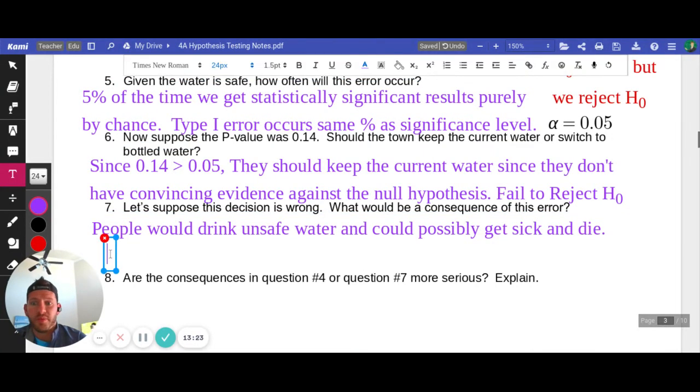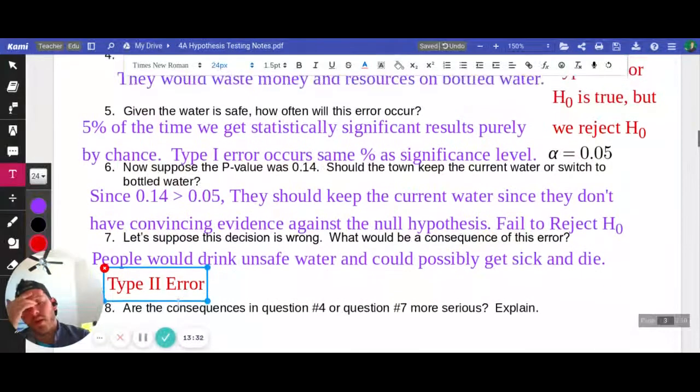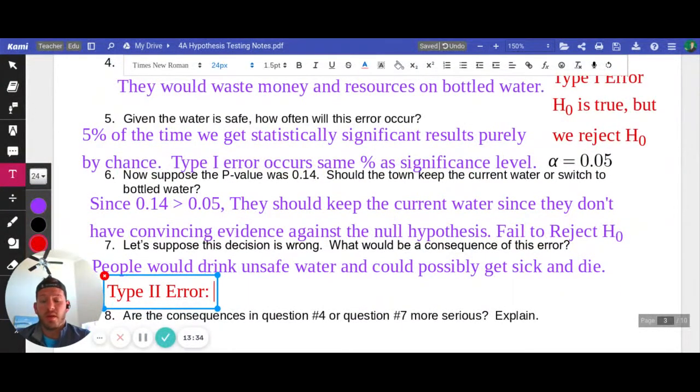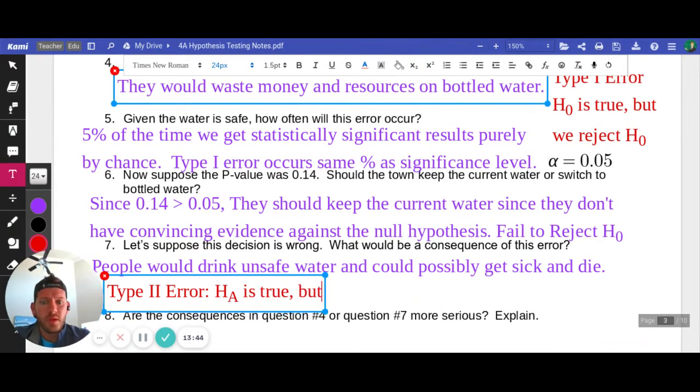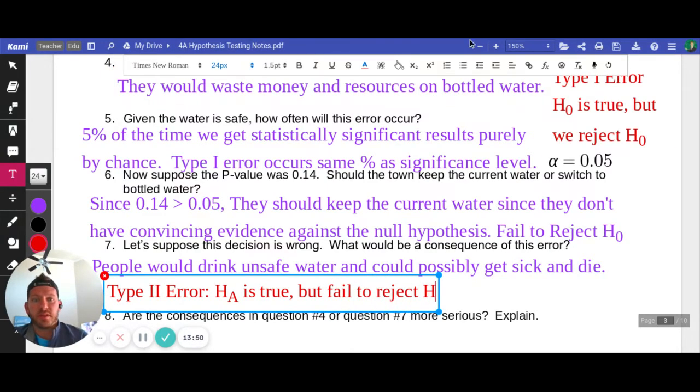So this type of error is a type 2 error, where the alternative hypothesis is true, but we fail to reject the null hypothesis.